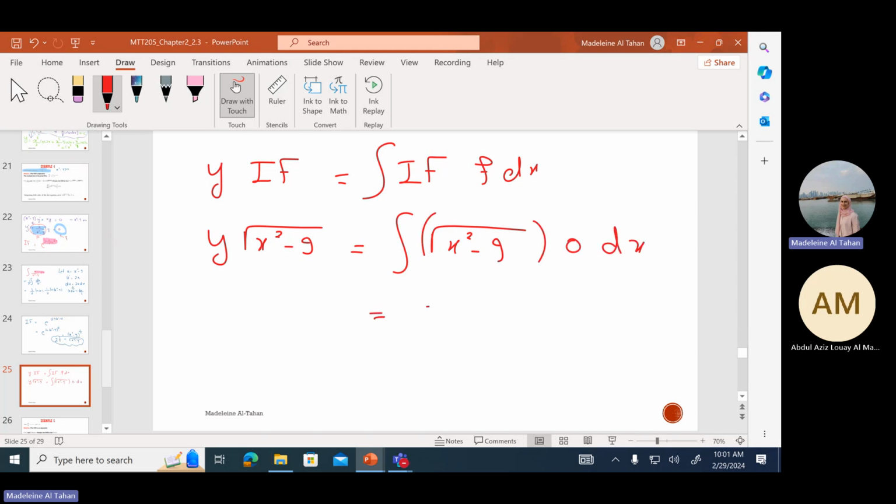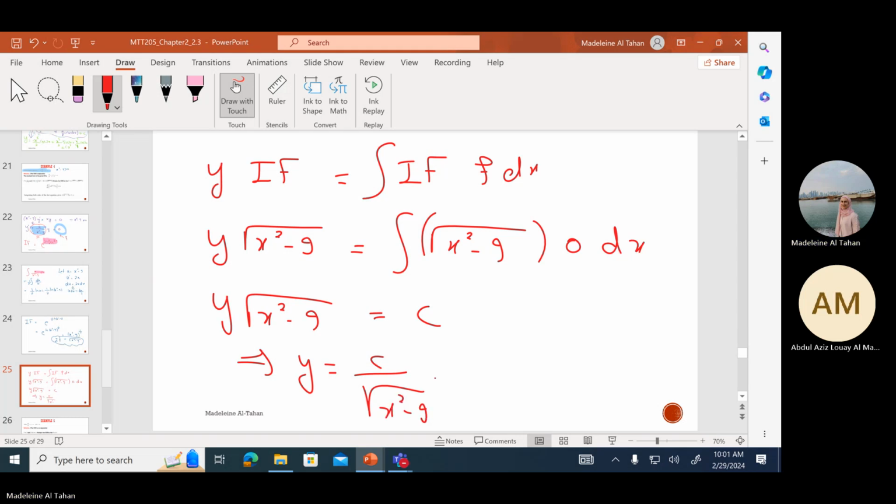Okay, so what's the integral of 0? C, constant. So y radical x squared minus 9 equals C. It means that y equals C over radical x squared minus 9.